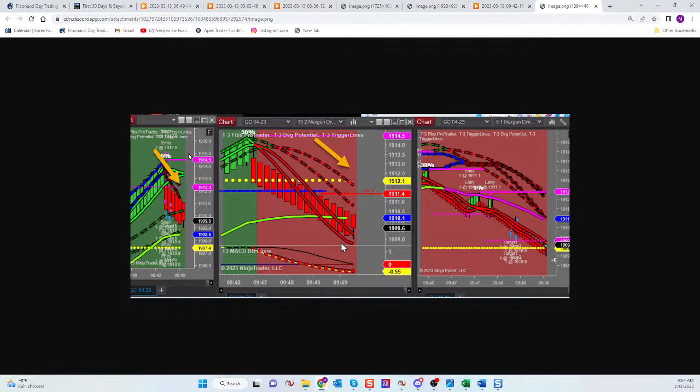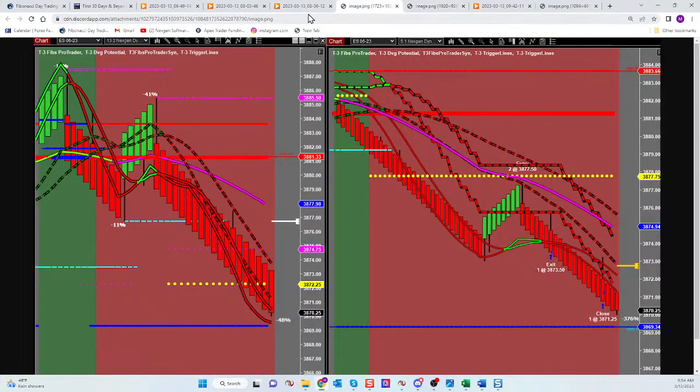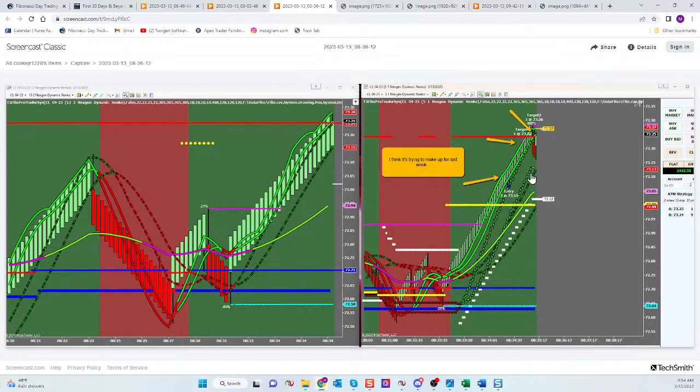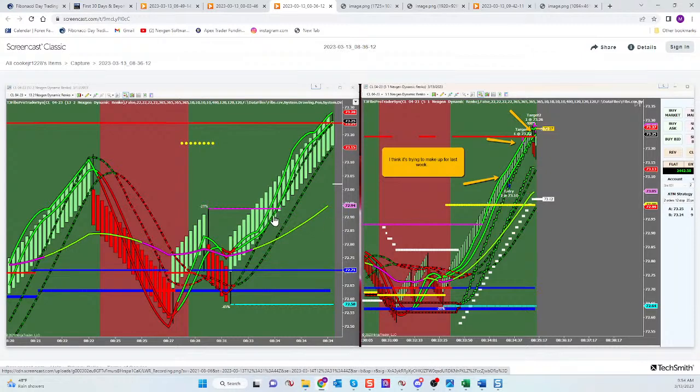NG time, I'm not sure what you're doing here. Looks like you're trying to take advantage of that momentum. Am I reading that right, NG? You're trying to take those momentum style trades? Odds favorable. Cool. So let me show you just, and I'm not going to tell you how to trade, but one of the things, and I'm going to use Ron as an example here, is that he lets the 13.2 problem areas clear.